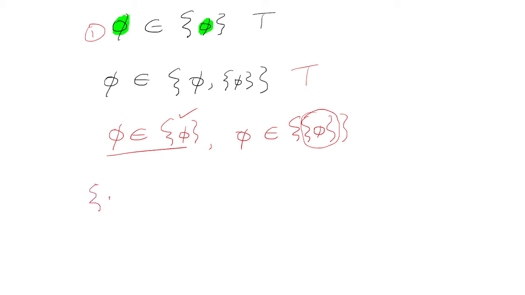Okay, next one. Is the set that contains the empty set an element of the set that contains the empty set? Well, think of this as poor notation. We know that these two are equal, so you don't talk about sets like this being elements of other sets like this. Since these two are equal, we don't say that this is an element of this.